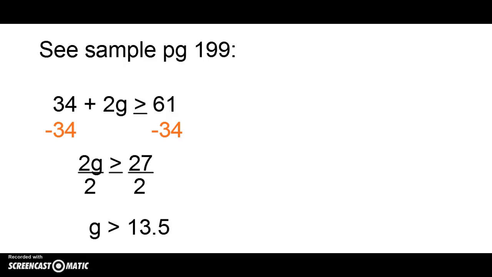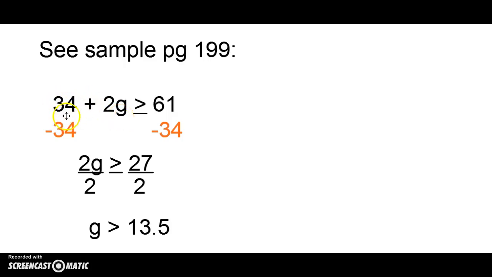All right, looking at the examples, some students are still struggling with setting up word problems. So I'm looking briefly at page 199 where it says, halfway through a baseball season, Stewart has 34 hits. He averages 2 per game. So you would say, so far he has 34. He averages 2 per game.